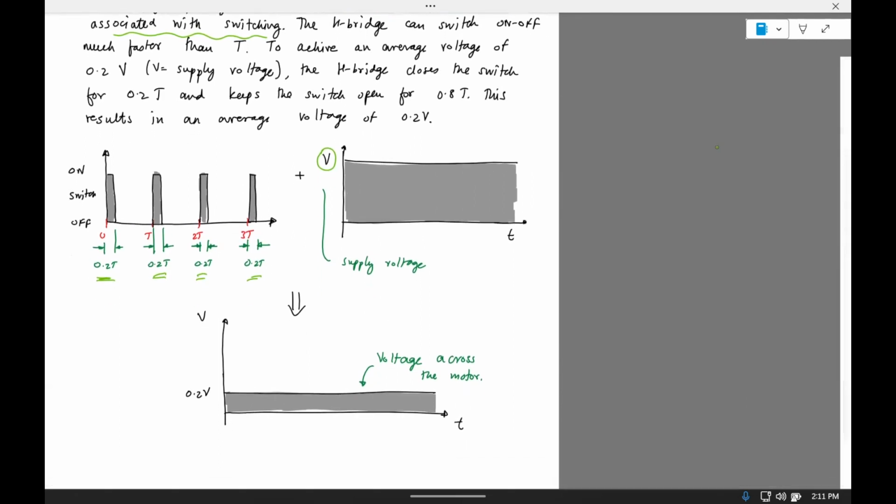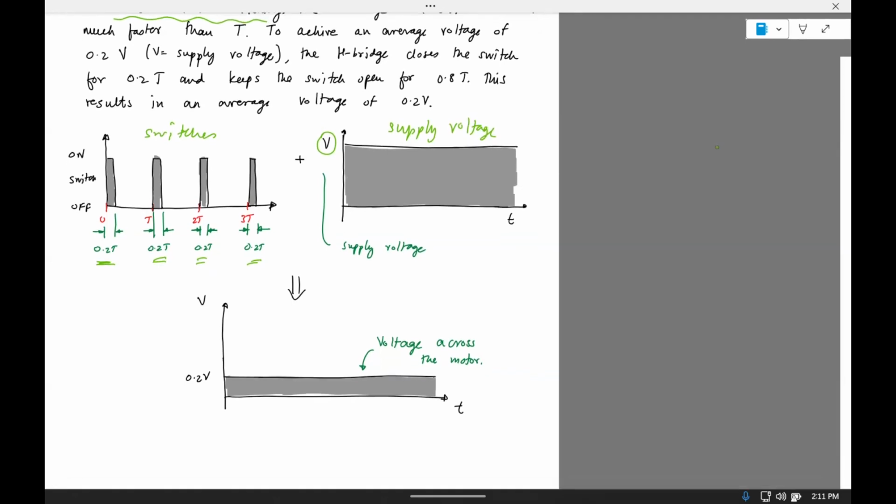The result of the switches and the supply voltage is that the net voltage which the motor will see, the V motor, is going to be 20% of V. If you want to go 50%, you just change this switching time to 0.5T, and you'll have 50%.